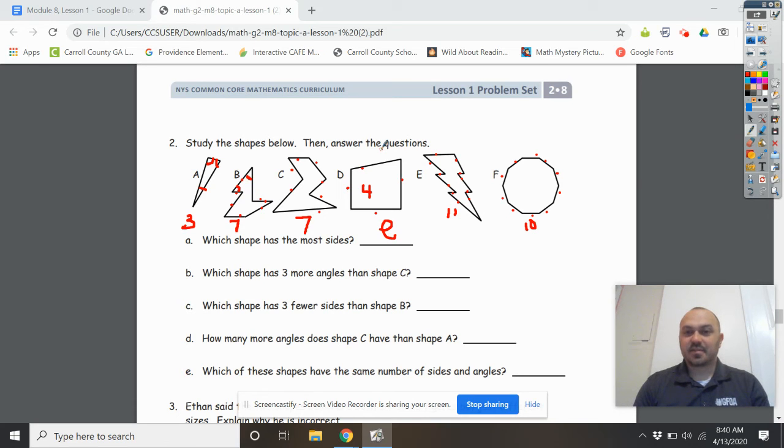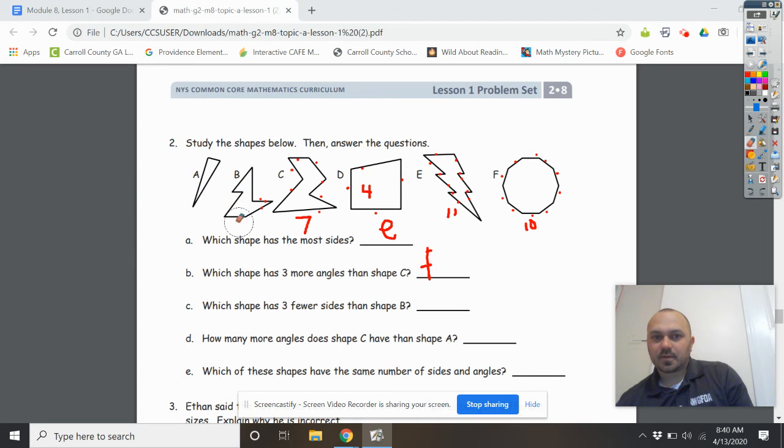C has 7. So which one would that be? 3 more than 7 is 8, 9, 10, which would be F.